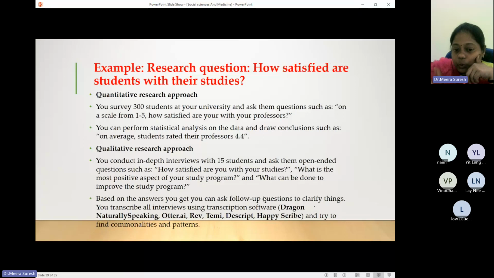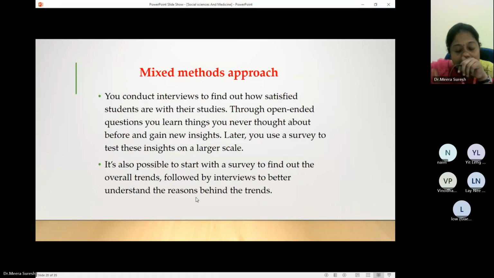It depends upon the person who is answering. So you can ask the related follow-up questions and then clarify. After that, you have to transcribe it. Nowadays there is a lot of transcription software, some of them are Dragon Naturally Speaking, Otter AI, Rev, Temi, Descript, HappyScribe, etc. And try to find common patterns in it.